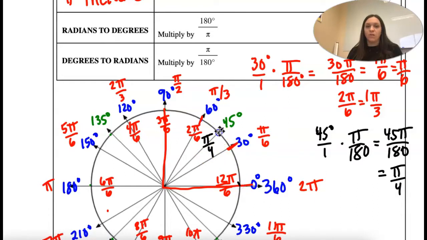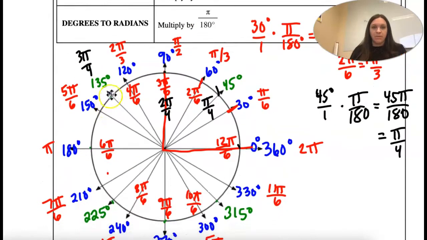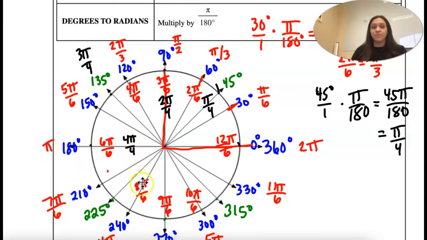That's 1 pi over 4, 2 pi over 4, which reduces to pi halves, 3 pi over 4, 4 pi over 4, which reduces to pi.